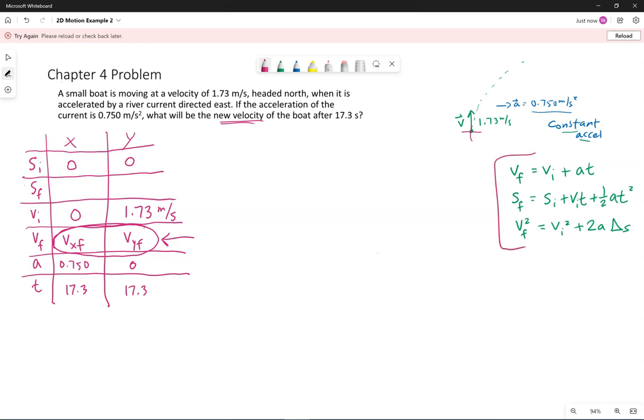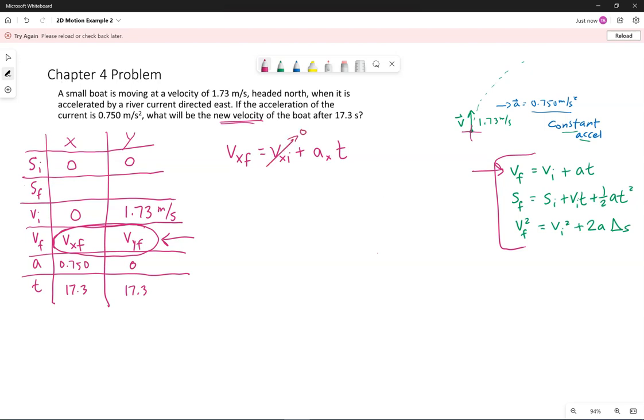These kinematic equations we can use as long as we are using information in the x direction or information from the y direction. So for example, since we have v initial, acceleration, and time, I'm going to just say the vx final is going to equal vx initial plus a in the x direction times time. So this top equation works great as long as we're using x components specifically.